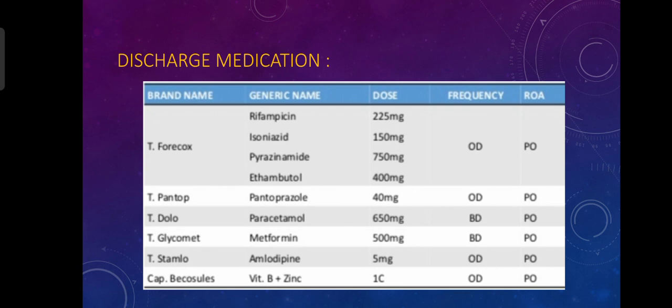Now the डिस्चार्ज मेडिकेशन. अच्छा, ऐसा नहीं है कि पेशेंट को हमने अभी ड्रग दे दी है तो हॉस्पिटल में जस्ट ट्रीट करके वी कैन गिव हिम और वी कैन गिव हर रिलैक्सेशन. नो, discharge medication which we have suggested must be followed by the patient for total recovery, which includes isoniazid or pyrazinamide 750 milligram, Rifampicin 22 to 25 milligram, paracetamol, metformin in these doses which I have given in this chart.